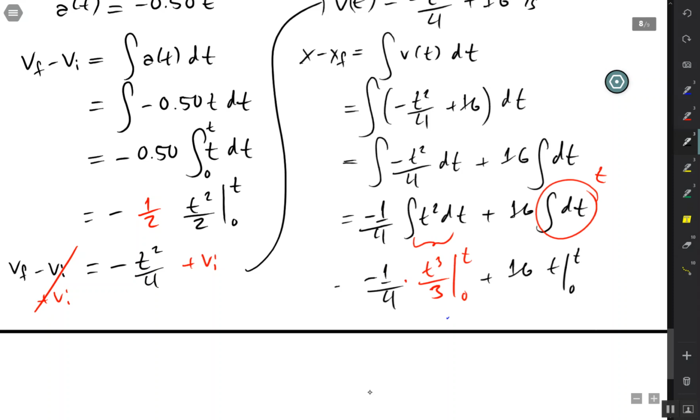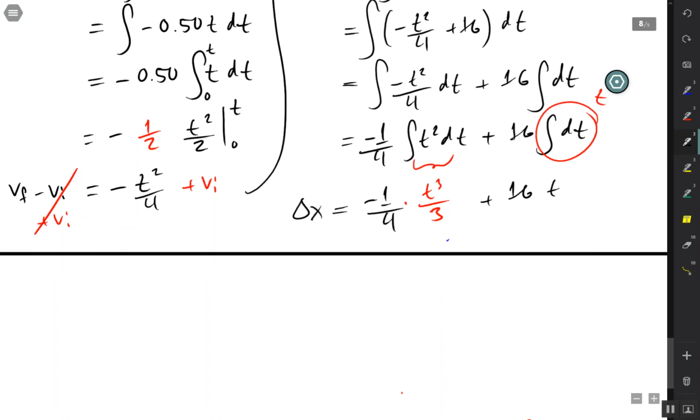Might as well not even put that 0 there. I can just keep it like this, really. And once again, this is actually delta x. And so we can solve for delta x first, almost. Let's do it in order.